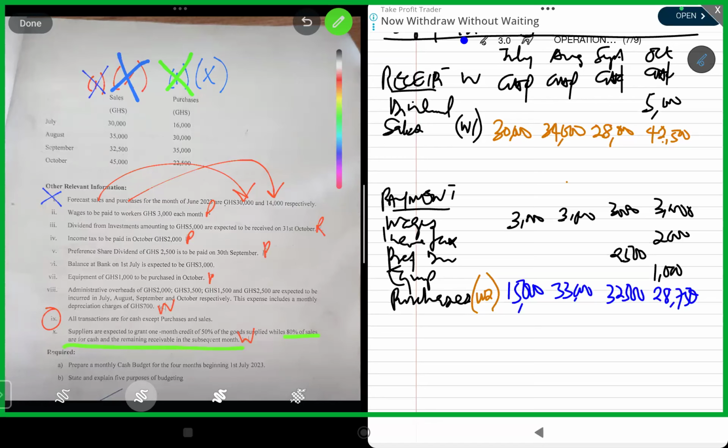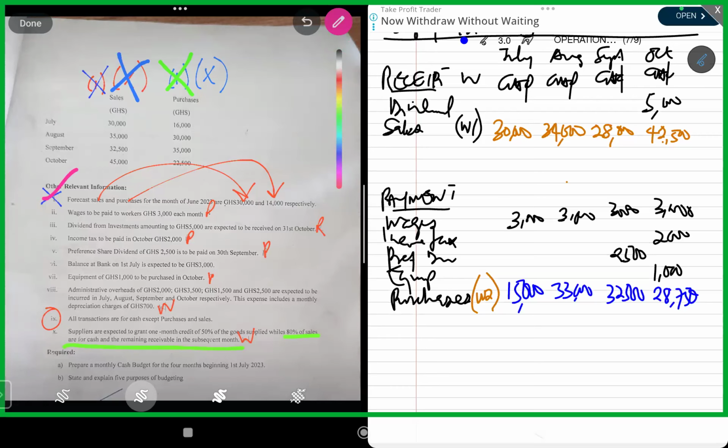Okay, so now let's look at something. Are we done with the other relevant information? Yes, we've done the sales and the purchases. Have we treated the budget each month?